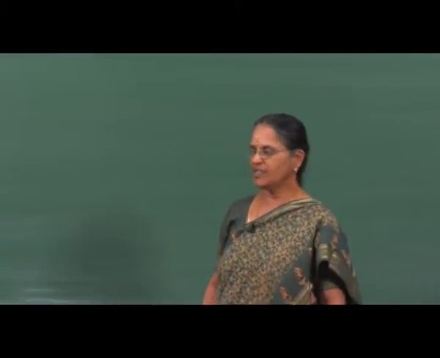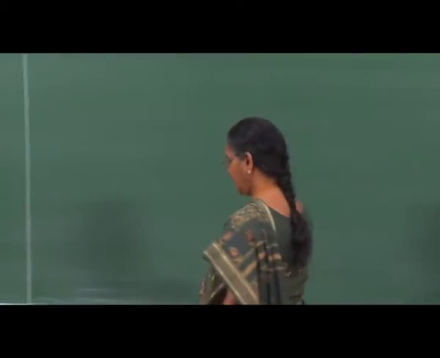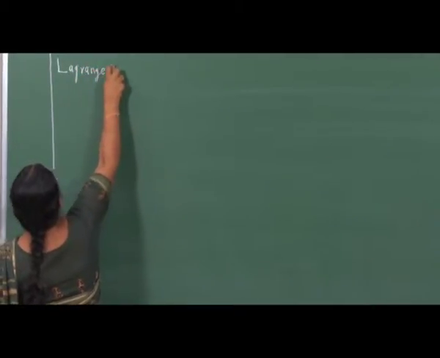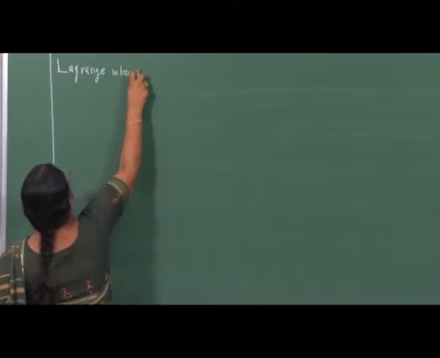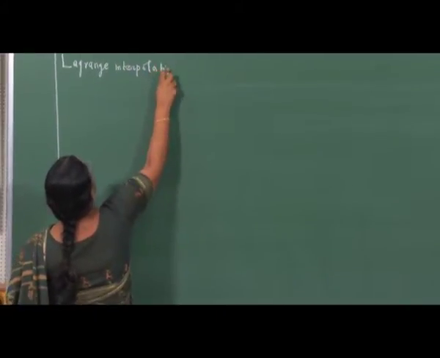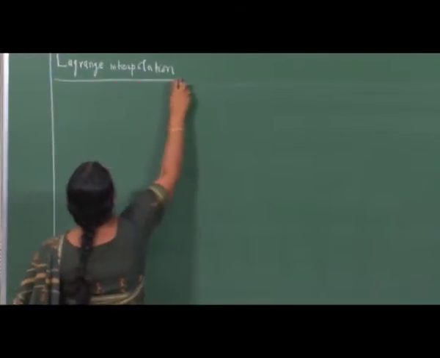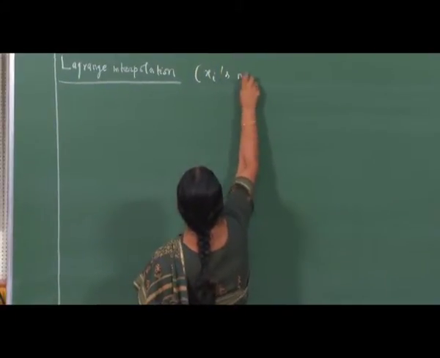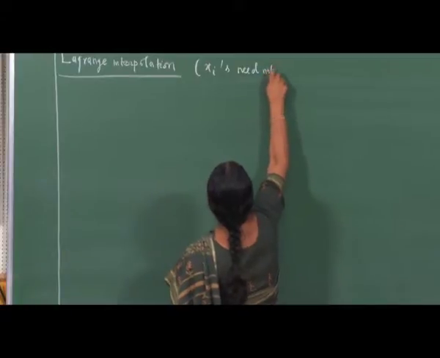And Lagrange developed this interpolation formula and it is referred to as Lagrange interpolation polynomial. In this case, the nodes xi need not be equally spaced.